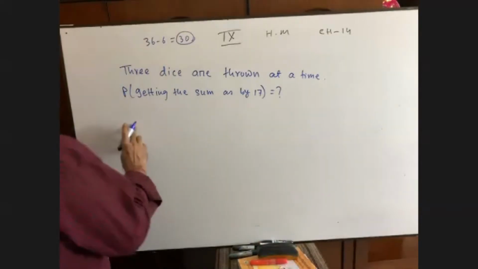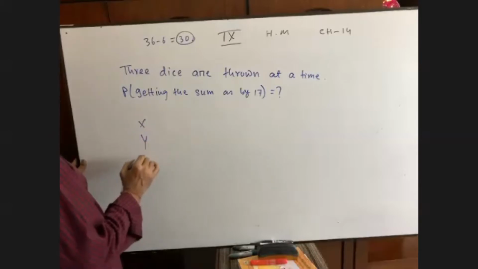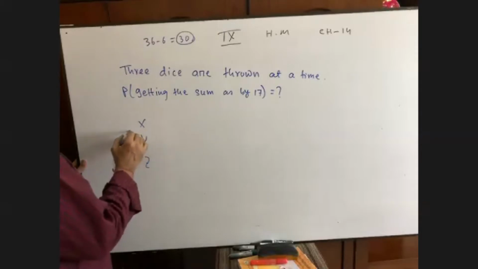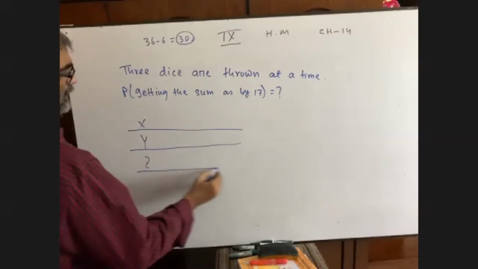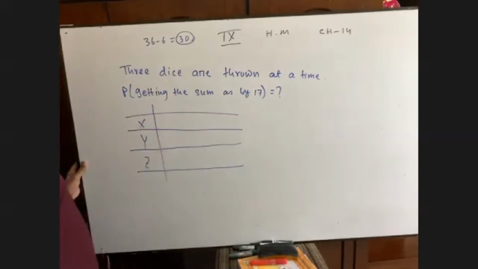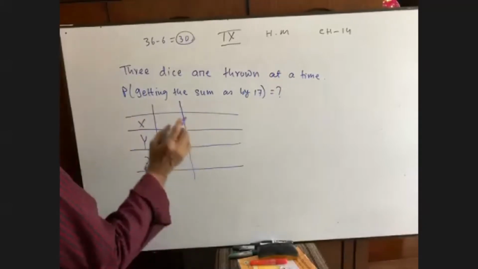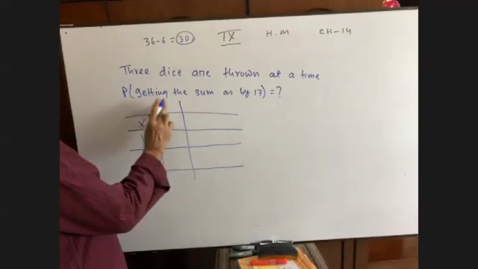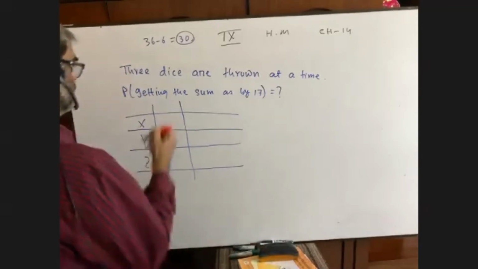Suppose 3 students, X, Y, and Z. There are 3 students, okay? Are you getting me? There are 3 students or 3 persons. I am writing here first event number first.